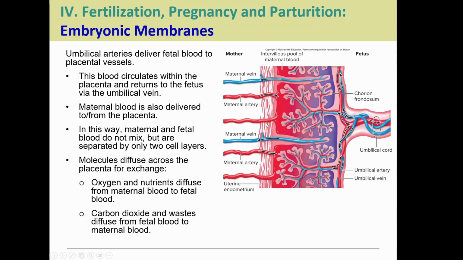We notice that the maternal and fetal blood do not actually directly connect. They are separated by some cell layers, but it's very minute, only 2 cell layers thick, because we're going to use diffusion to move oxygen and nutrients. Oxygen and nutrients will diffuse from mom's blood to the baby's blood, and carbon dioxide and waste will go from the baby's blood to the maternal blood.